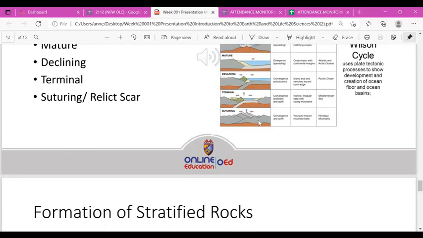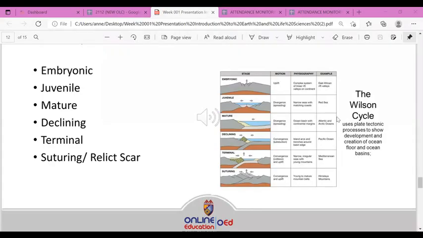So, ito yung ating mga mature na, and because there is uplift, you are going to have... So, this is now the Wilson cycle or wherein the plate tectonics processes to show development and creation of the ocean sea floor and ocean basin.